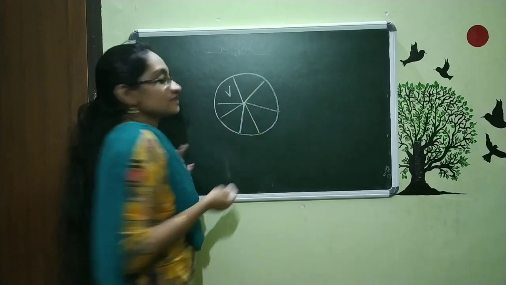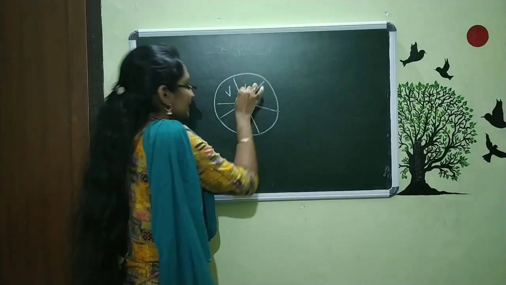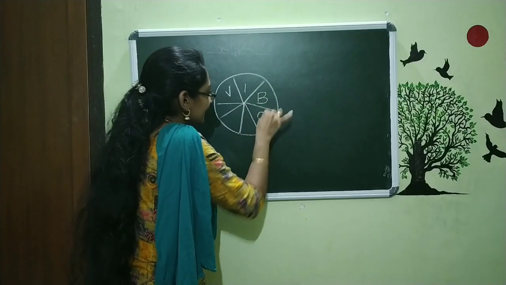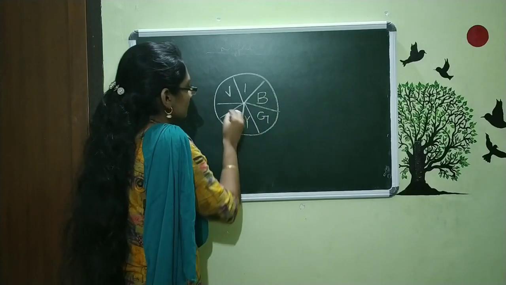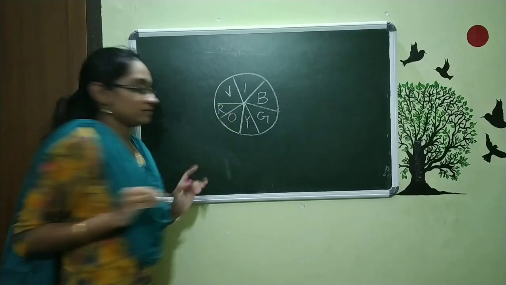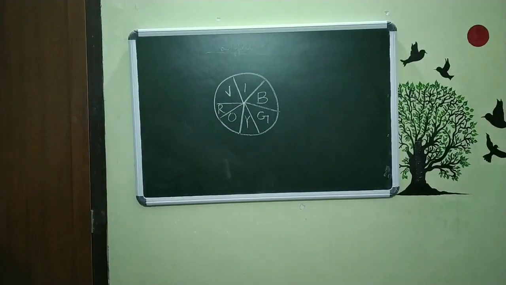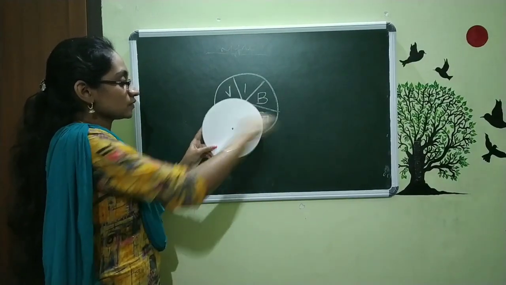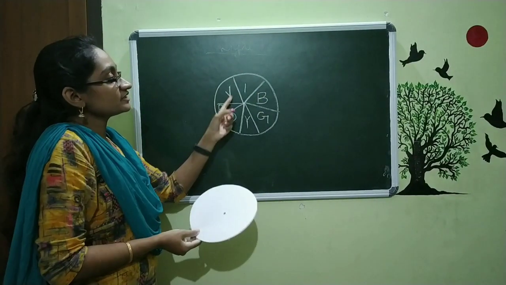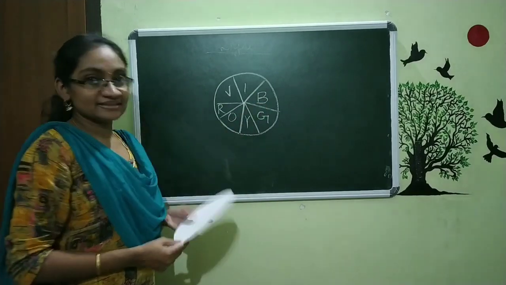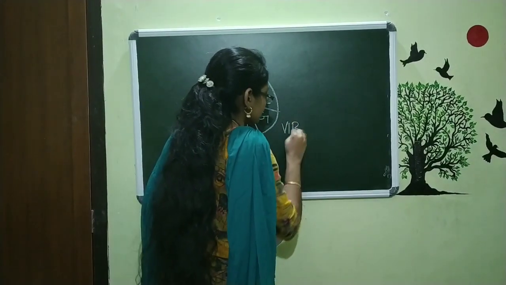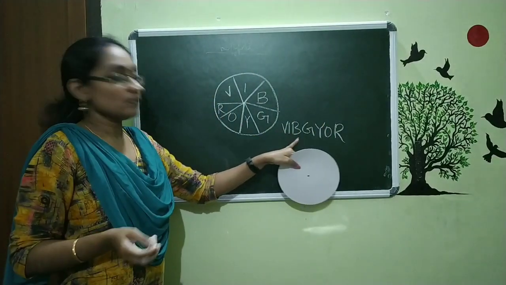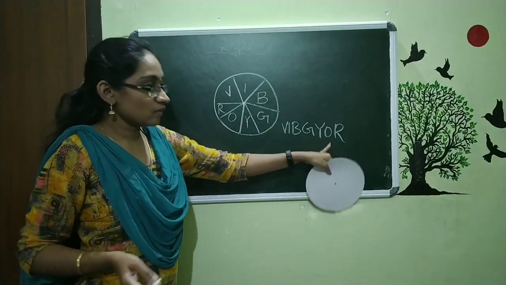And give the colors violet, indigo, blue, green, yellow, orange, red. That means you take one circular cardboard piece, draw lines and make 7 parts, and this is our VIBGYOR: violet, indigo, blue, green, yellow, orange and red.